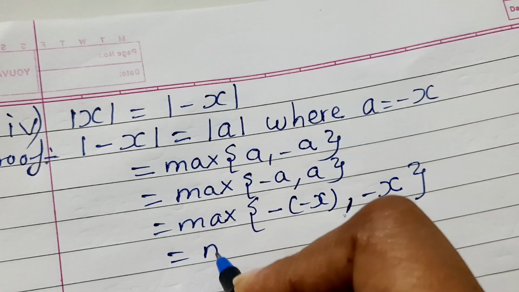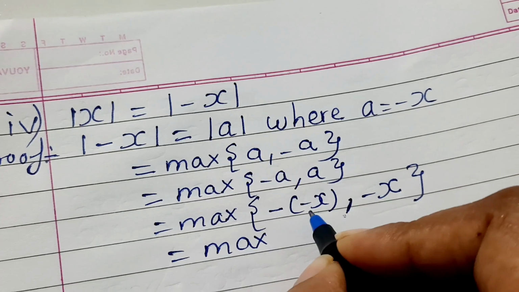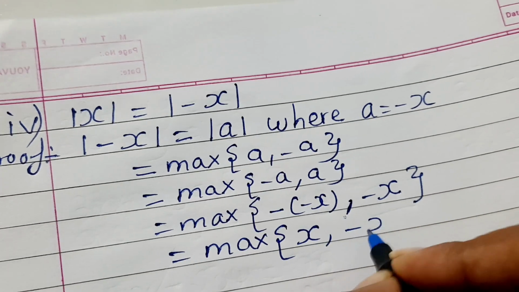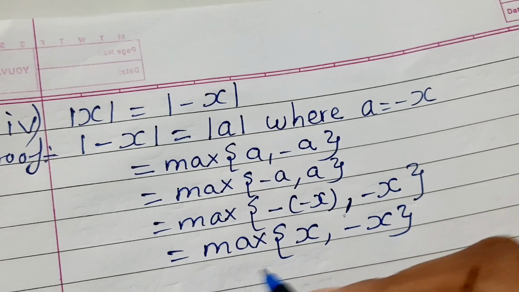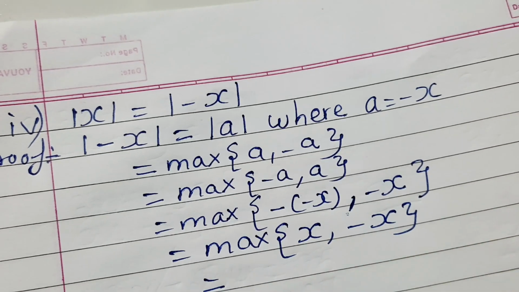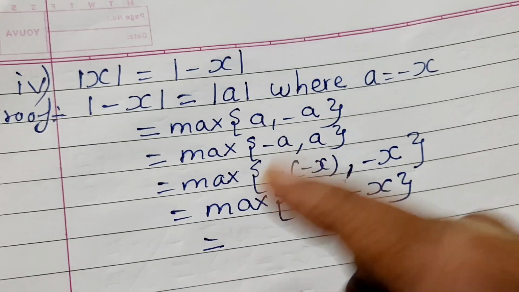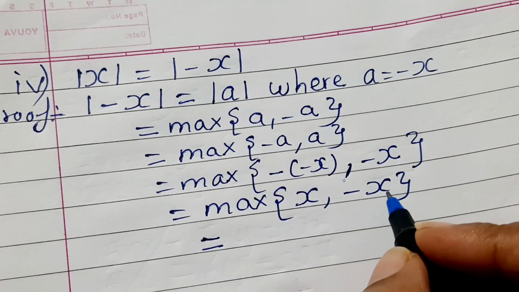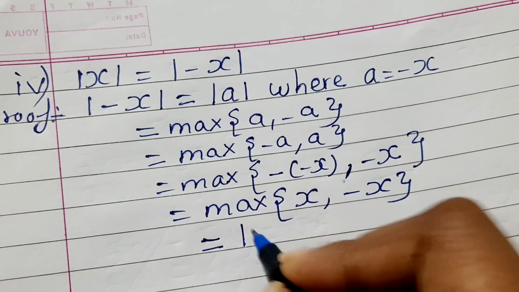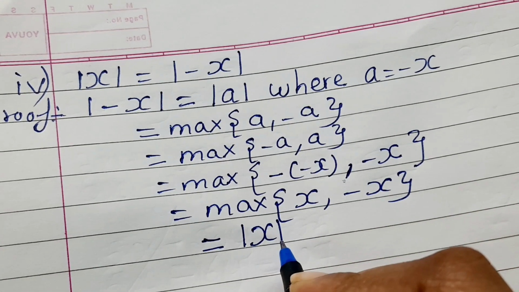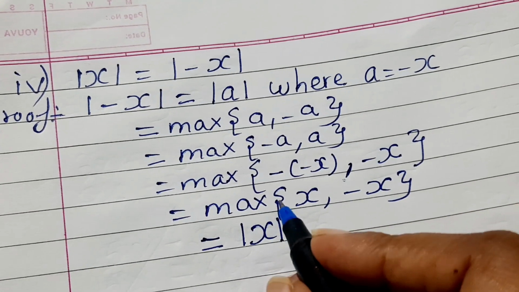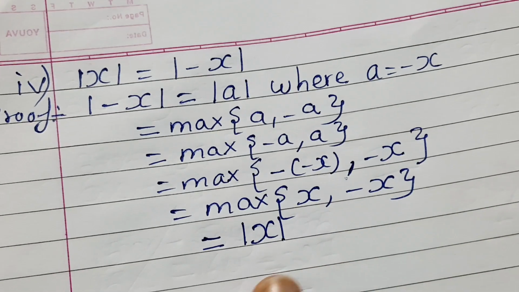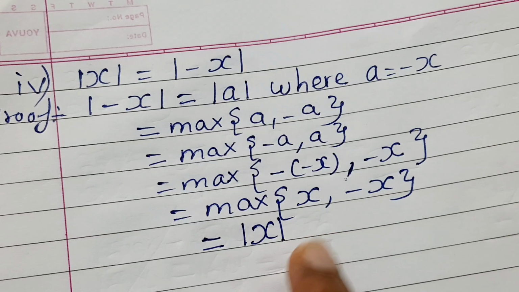Now minus and minus will be positive x. So this is the maximum of x comma minus x. The previous result I have already solved, that the maximum of x comma minus x is modulus of x. This I have already proved, and from that result I have got this answer.